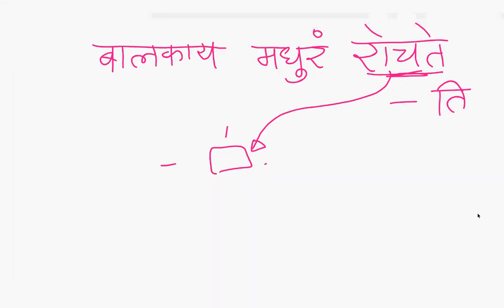Balakaha, a simple usage which we want to start using in our everyday conversation. So when you say I like something or boy likes something, how do we say that in Sanskrit? So let's say madhura rochate. Rochate is the word we want to use. But balakaya madhuram rochate. Now look at this sentence. Rochate is the kriyapadam, but what is the kartrupadam here?